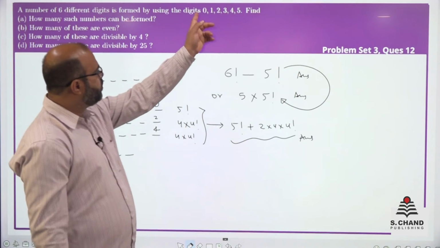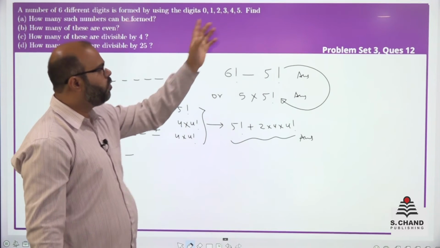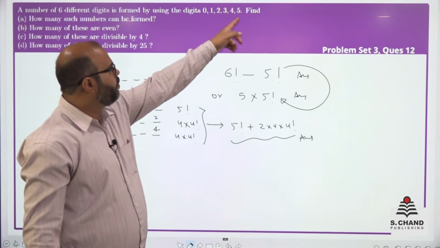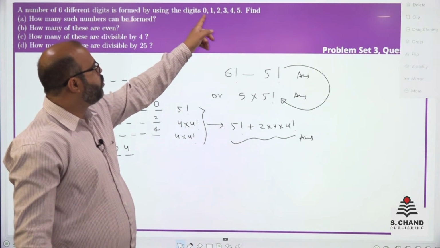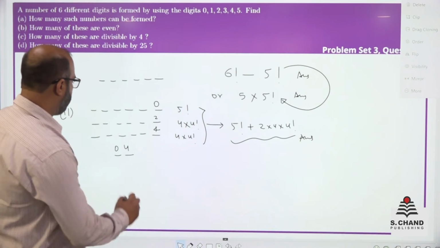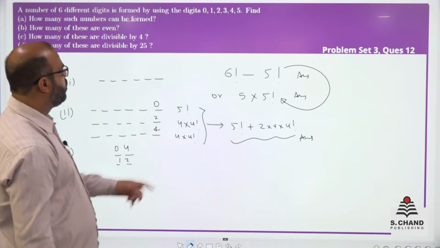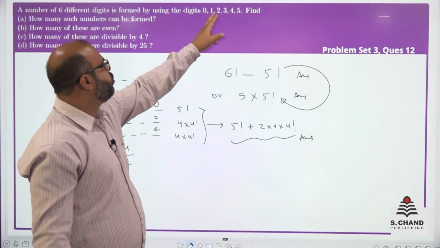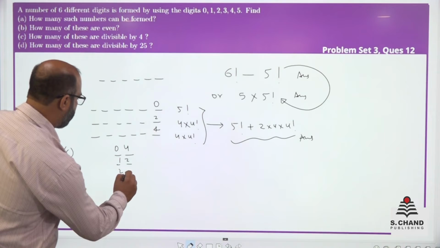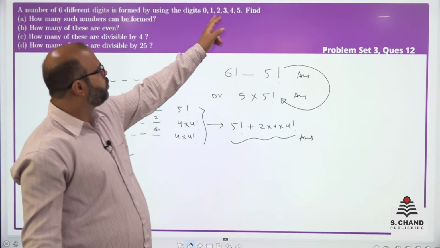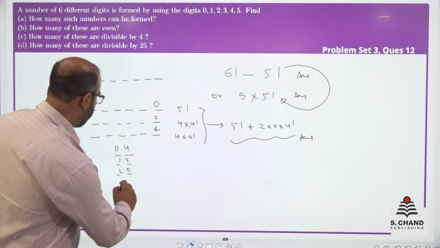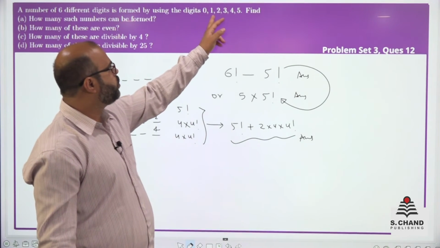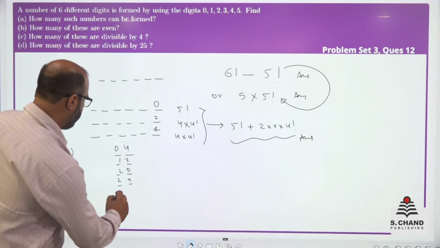So how can this be possible? 01, 02, 03, 04: one possibility is 04. 05 won't give you. Now 10 won't, 12 will give you. 13, 14, 15 are all not giving you. 20 will give you. 21 won't. 23 won't. 24 will give you. 25 won't. 30, 31, 32 will give you.